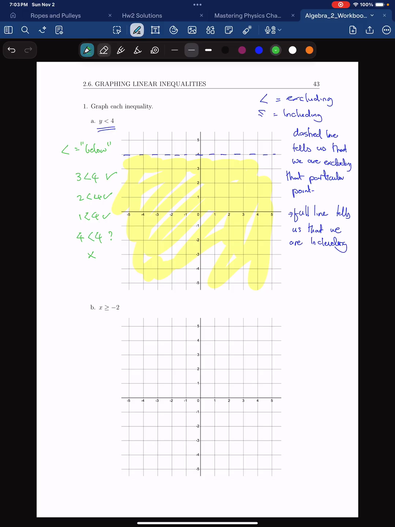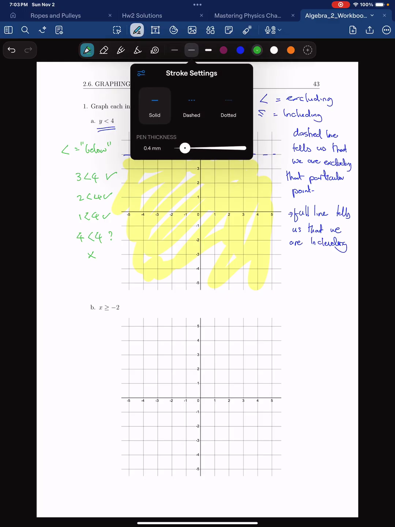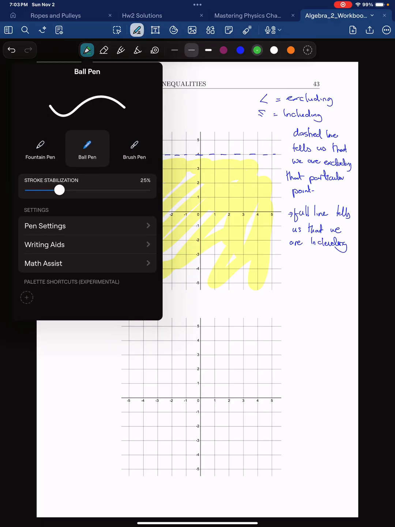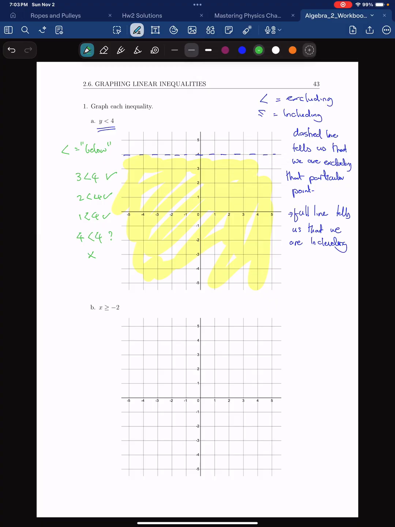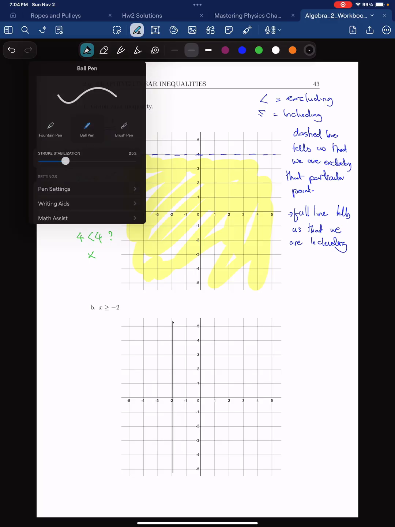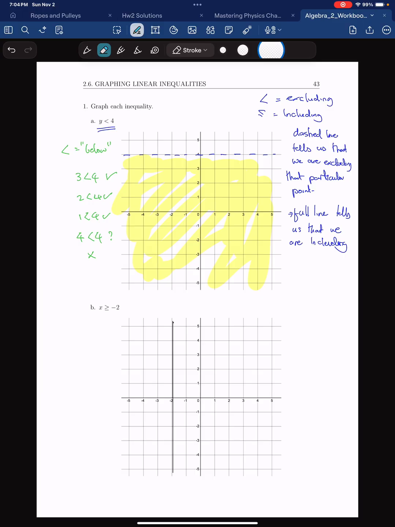And same thing for this question. Here we're including. Want a black line. Okay. We're including here. We have negative 2, and we want every point above negative 2, because here we're greater than. I'd say greater than, more like above, or to the right of.